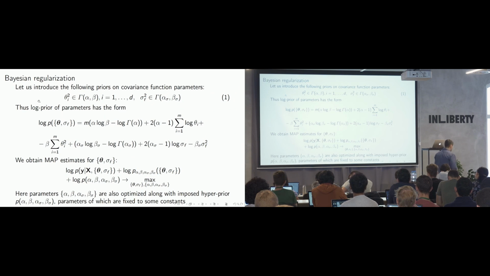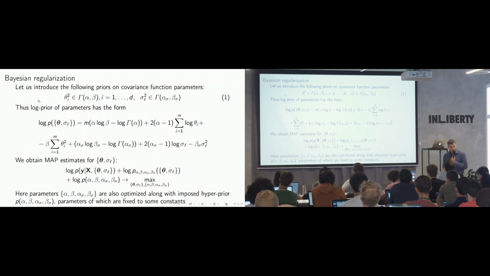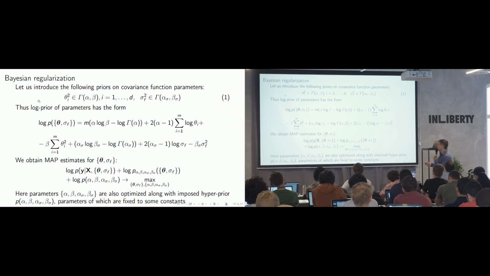And the question is how to deal with these two divergent cases. The idea is to impose Bayesian regularization. That is quite simple, but quite efficient. So we assume the parameters theta inside the function are random variables by themselves with gamma distribution with some prior parameters alpha and beta. And so the log likelihood of these parameters theta is given by this formula.